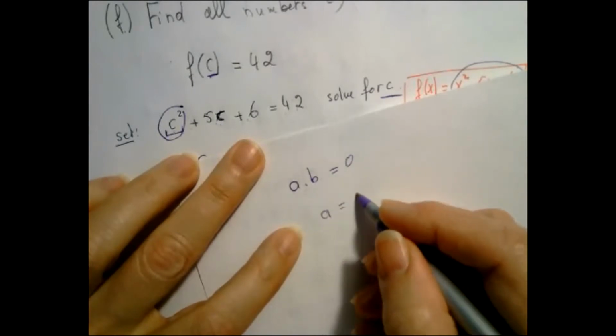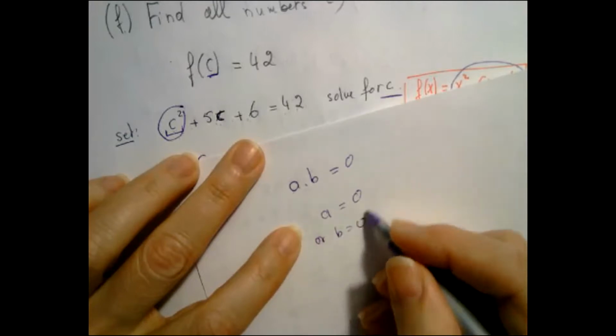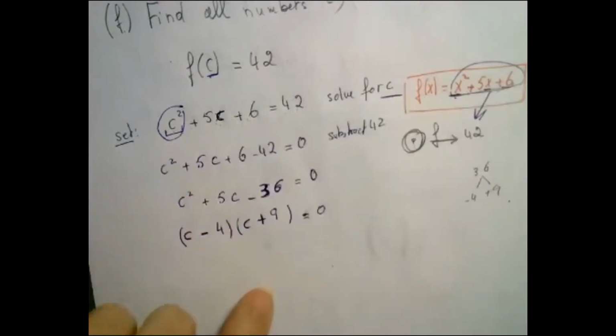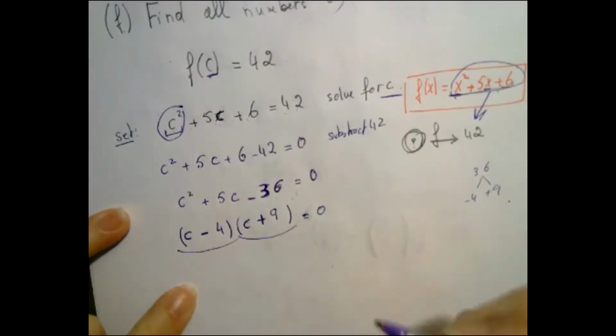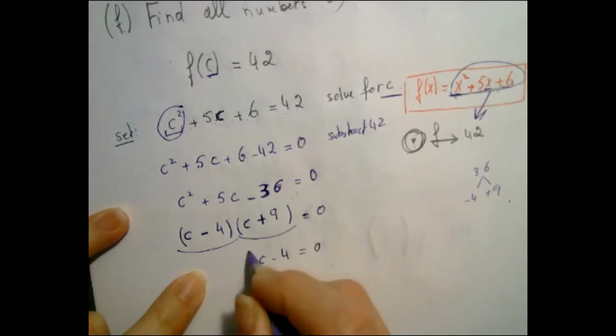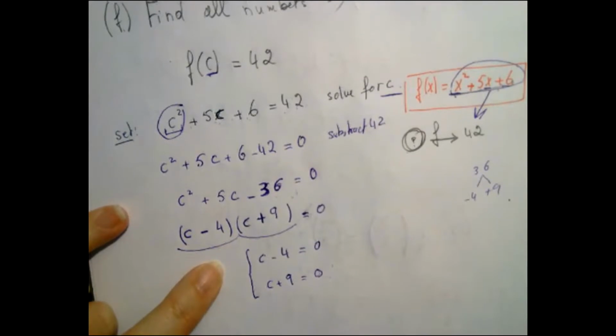The only way this could be 0 is if A is 0 or B is 0. That's the only way when you multiply numbers you can get 0. So when I take this and say it is equal to 0, the only way this can happen means that either c minus 4 equals 0, that's the only way this product could be 0, or c plus 9 equals 0.